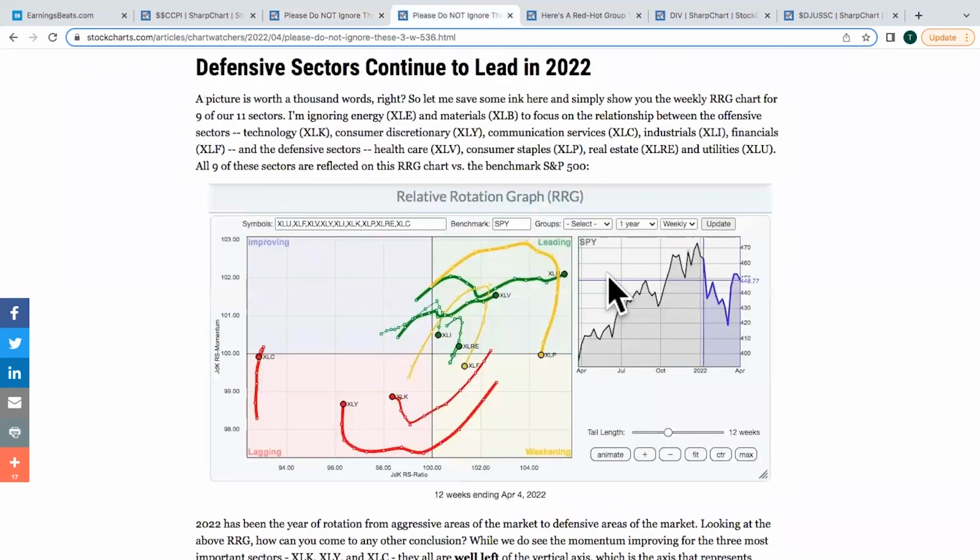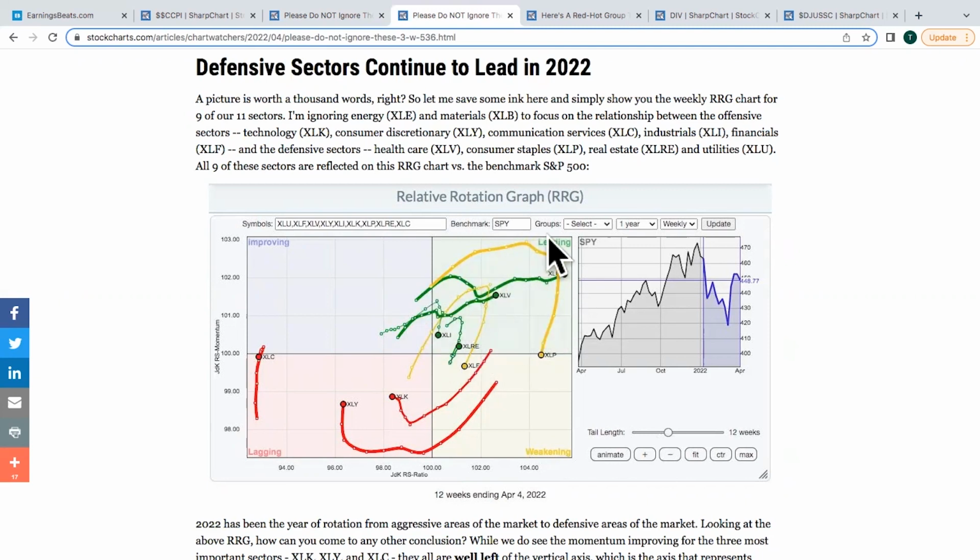All right, another part of this article I wrote, I want to show you this rotation, this relative rotation graph. This is the RRG that just shows you the defensive sectors, which are in the leading quadrant. This is a weekly RRG, and down here the tail length is 12 weeks. So it just plots each one of these sectors relative to the S&P 500 and shows you where they are in their cycle.